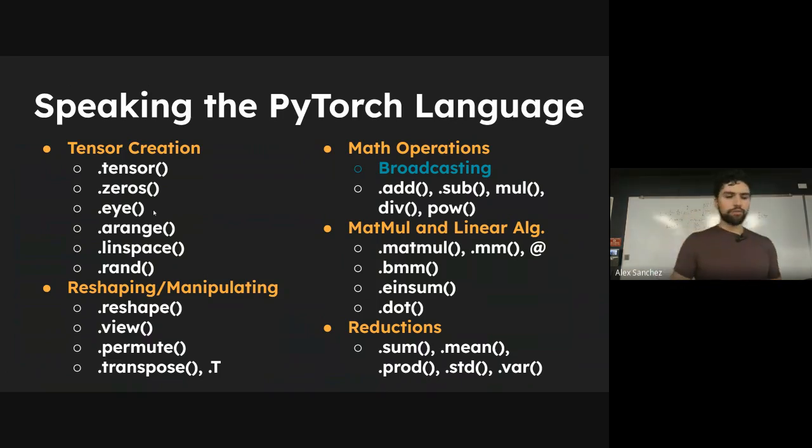Right. Arange and linspace are used to make a 1D array of the spacing between numerical values. For example, arange, I believe it's by step. If you declare an arange of 4 with a step of 2, you would get something like 0, 2, 4.